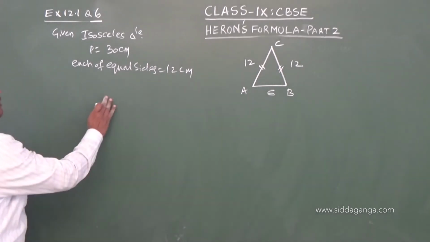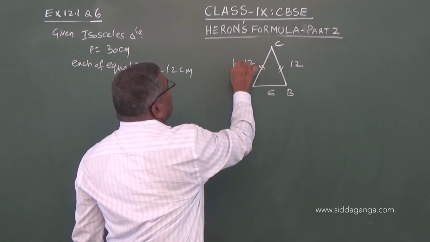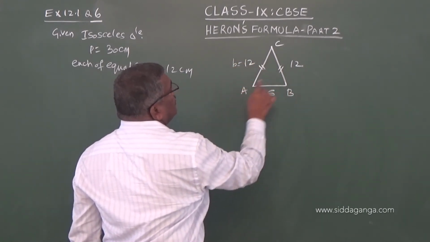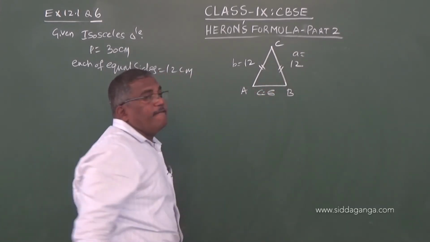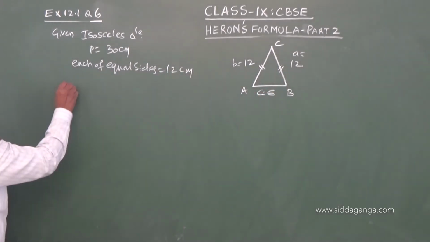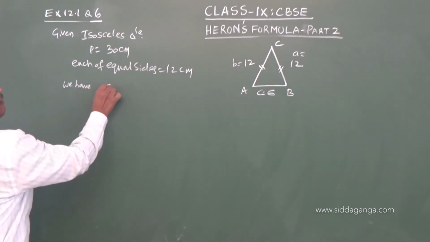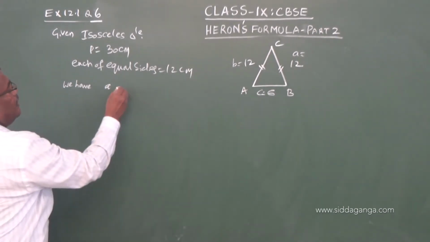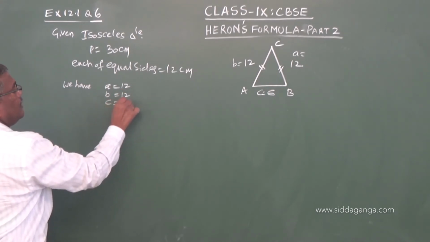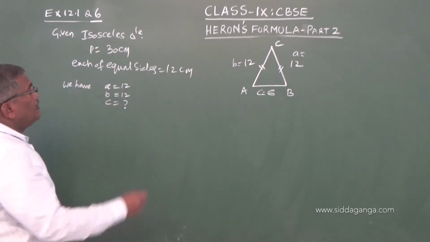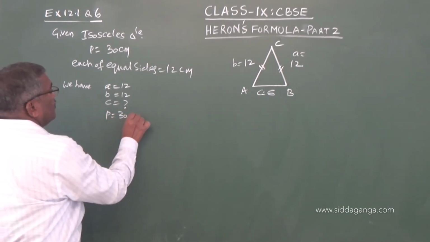So this is 6 centimeter. Given here, this is B, opposite to B. This is A and this is C, small c. So we have A equals 12, B equals 12, C is not known, and perimeter equals 30 centimeter.